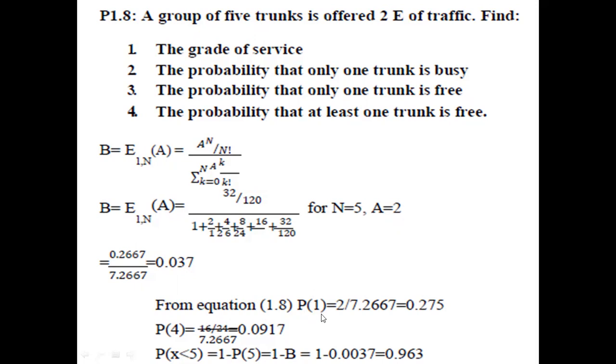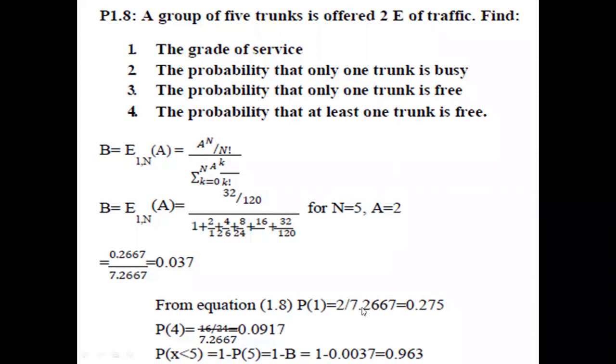Similarly, in order to find the probability with which only one trunk is busy, you need to find the probability for that number of trunks. Instead of 5, you replace N with 1, which results in 0.275. You know the definition: k, or x, is the number of calls, or in this case N or x. You can use the terms interchangeably based on the equation definition that you're using.